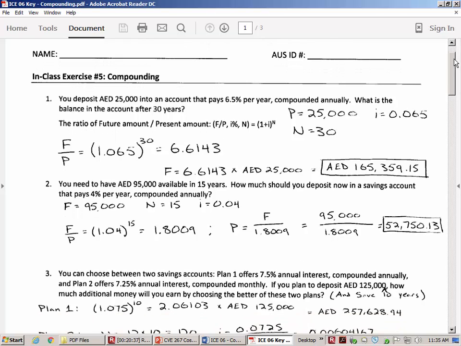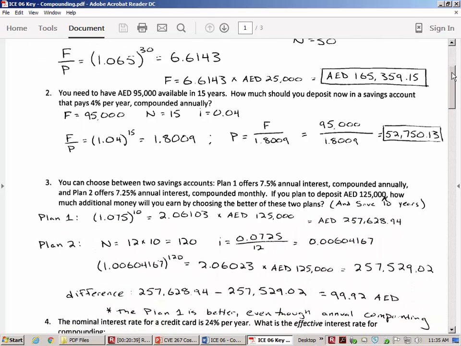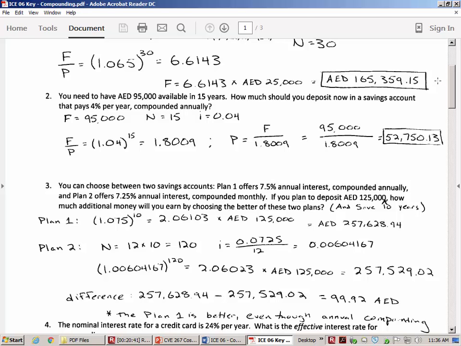Okay, problem 3 is the one that is a little bit tricky. I'll show you the way that I did it, but there's actually an alternate way of doing it as well. So I first looked at plan 1, and plan 1 is the one that it's 7.5% annual interest compounded annually. So if I want to calculate the factor, meaning the ratio between the present amount and the future amount, it's going to be 1 plus I to the power of n.